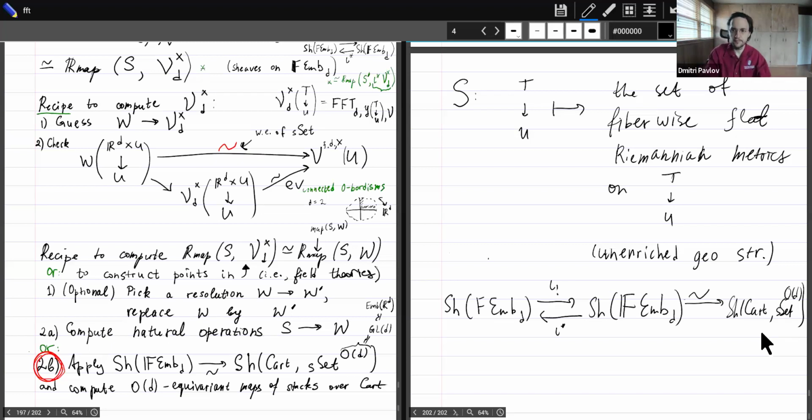Okay. So how do we compute with something like this diagram? The way this is going to work, our choice of S is an object here, and we are interested in moving along this Quillen adjunction, this Quillen equivalence.